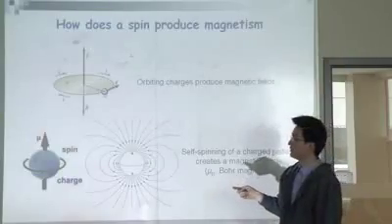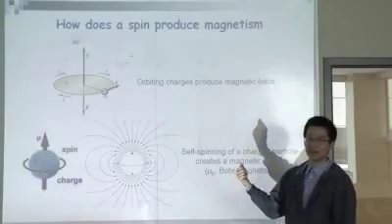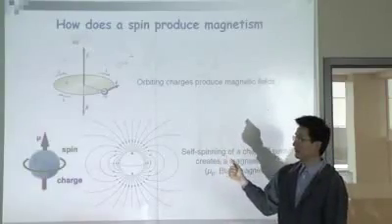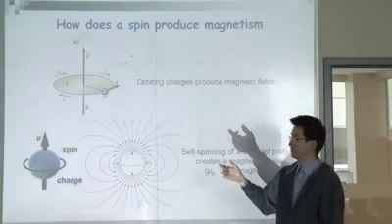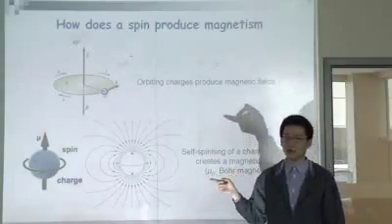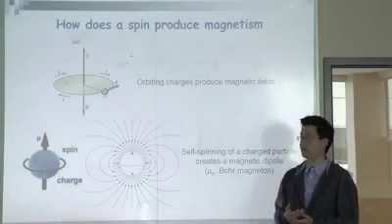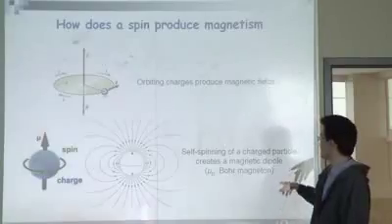The same thing happens for an electron. If we assume the electron is rotating around the axis, the spin of the electron will produce a magnetic field. Let's say a magnetic moment. And the magnetic moment is actually the origin of many of the magnetic phenomena you see in nature.